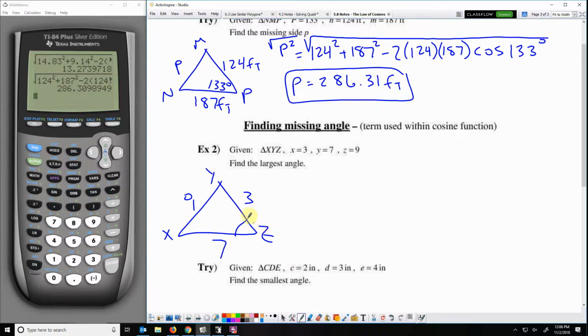Okay, so we'll start with 9 squared equals 3 squared plus 7 squared minus 2 times 3 times 7 cosine, and Z, this is my variable, so cosine Z. Okay, so we're going to do some simplifying and then we'll solve. 9 squared is 81. 3 squared is 9, 7 squared is 49, so if I combine these, I get 58.